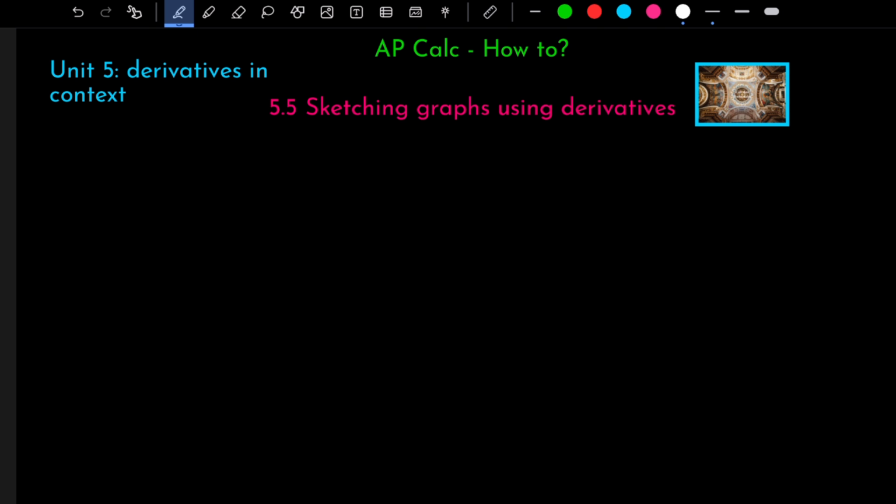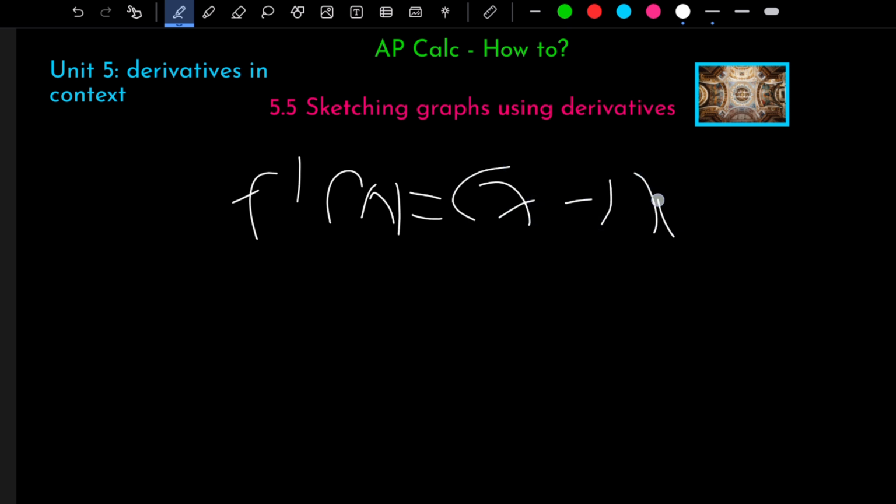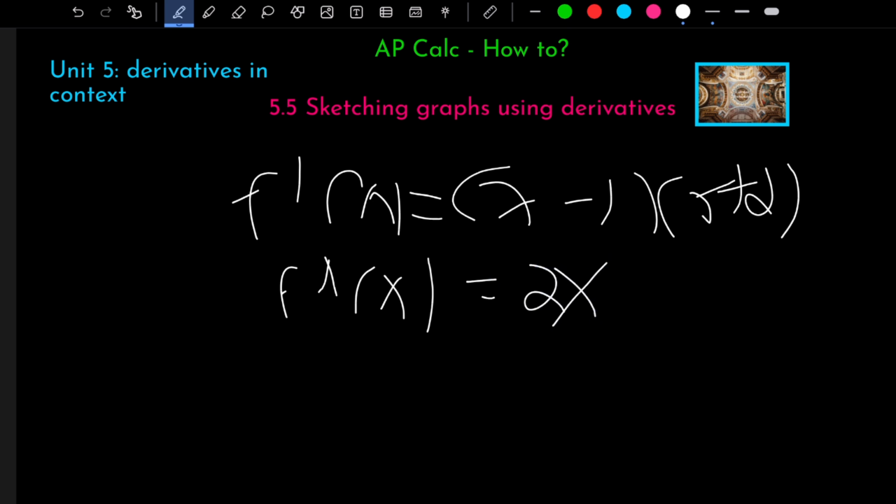We're going to analyze this using f prime and f double prime. So our function is going to be f prime of x equals x minus 1 times x plus 2, f double prime of x equals 2x. So f prime equals 0 at x equals negative 2, and x equals 1.